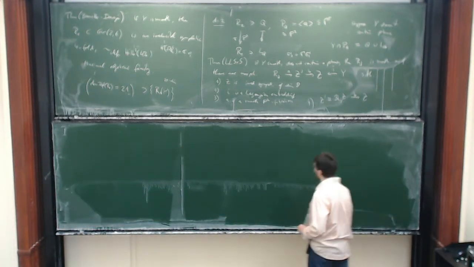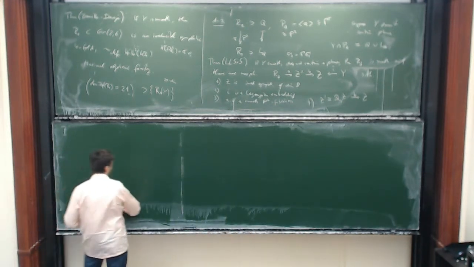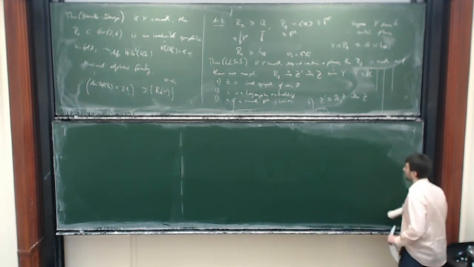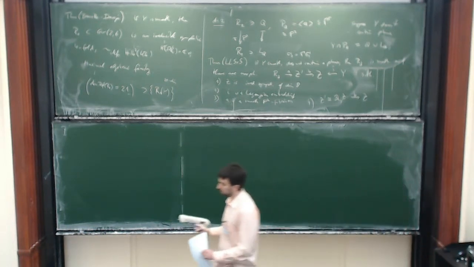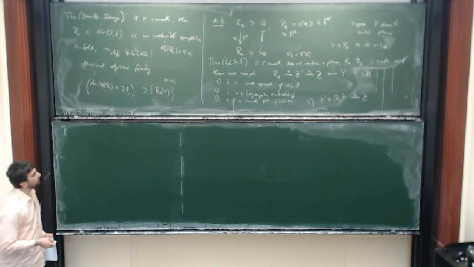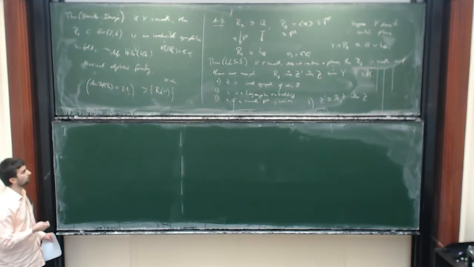If you have the P2 fibration, then it is clear that the two form that you have on R3 descends to a two form on Z prime, because P2 has neither one nor two forms.